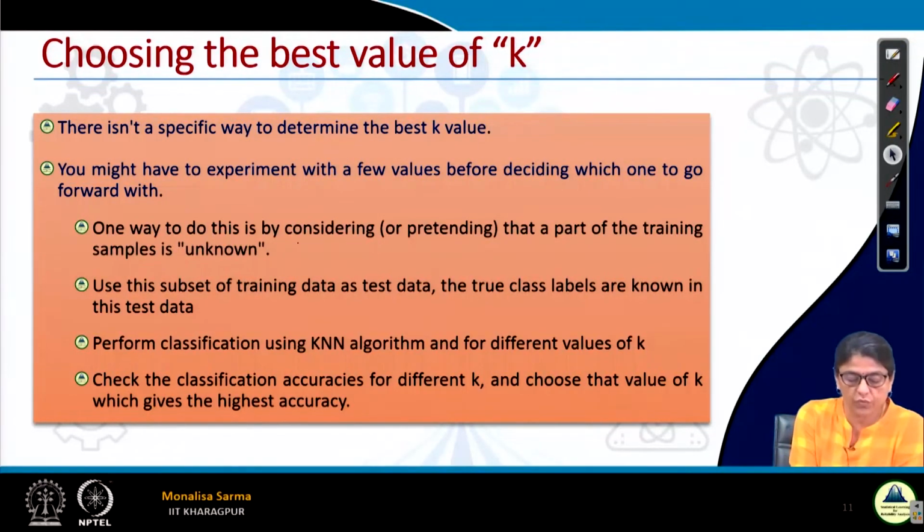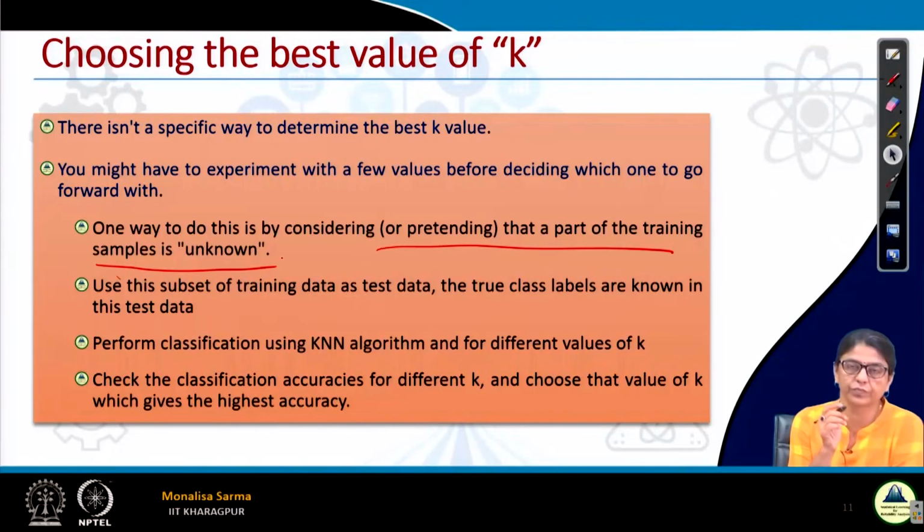So one way to do this is by pretending that part of the training sample is unknown. The observations given to us, let us say the training data, a portion of it we will consider as if it is not known to us, meaning we have not stored that data. We will just use a portion of the observations to make the different classes.